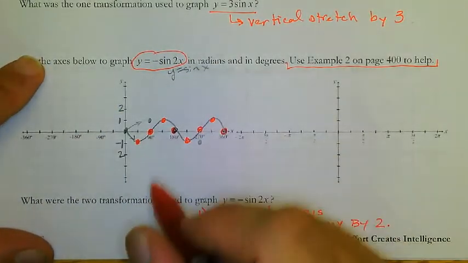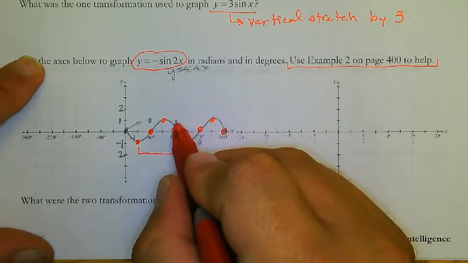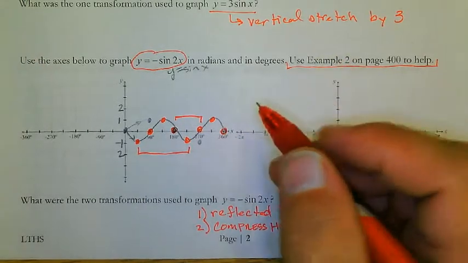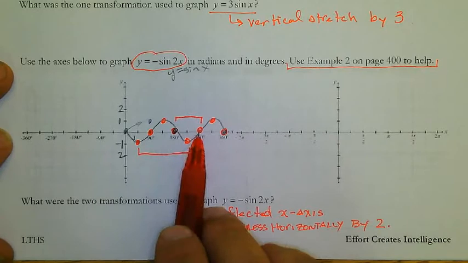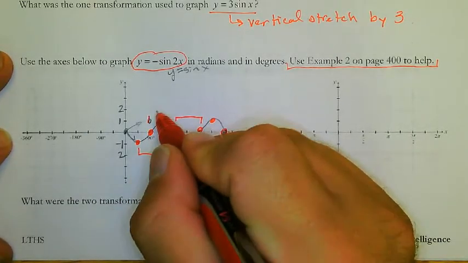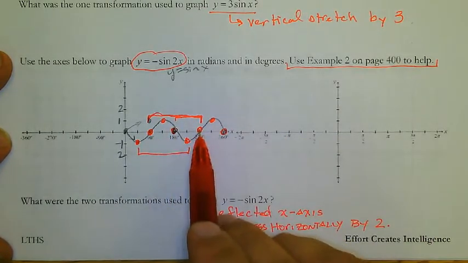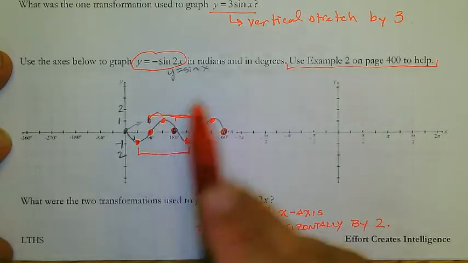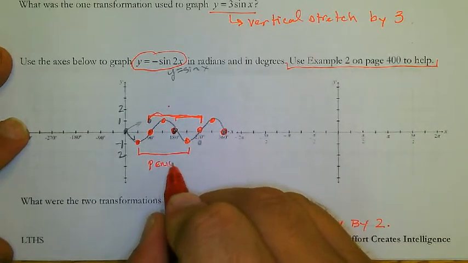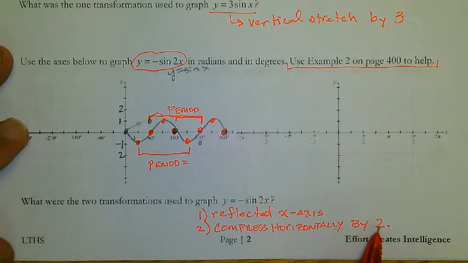Very important that I do put in, right, the y-axis values. And notice that this distance that it takes for the graph to repeat, okay, not from here to here, because this doesn't repeat, but rather going all the way from here, all the way to there, right, then up, down, then up, down, right, this is the period, and that period is going to be decreased by half.